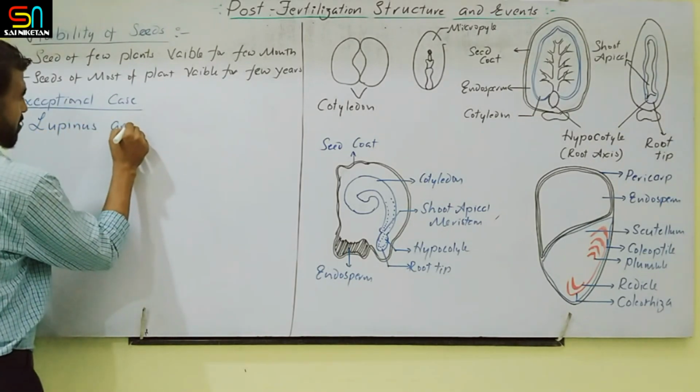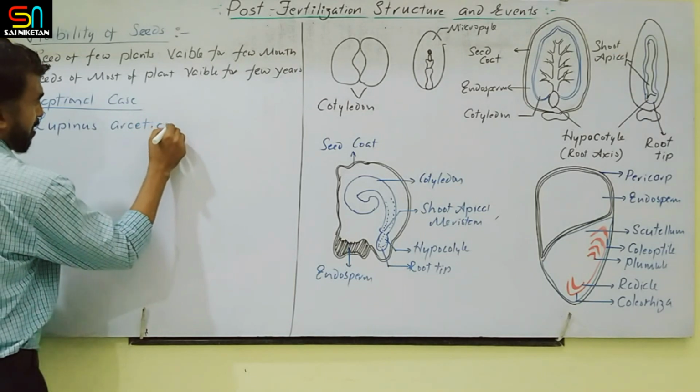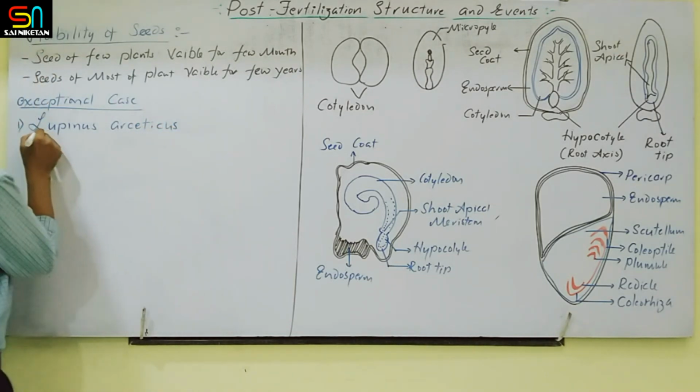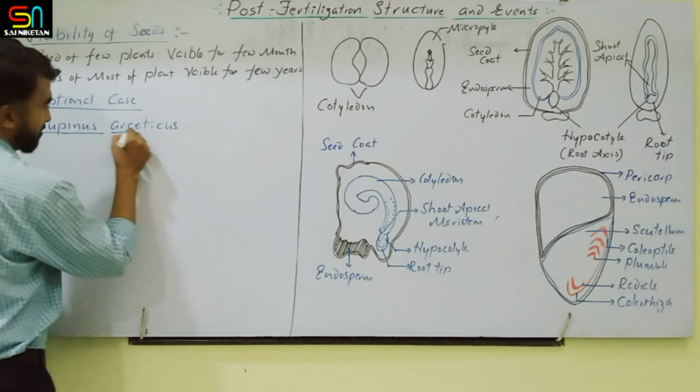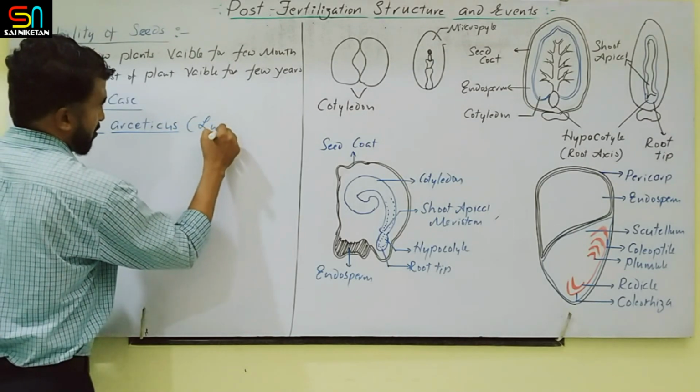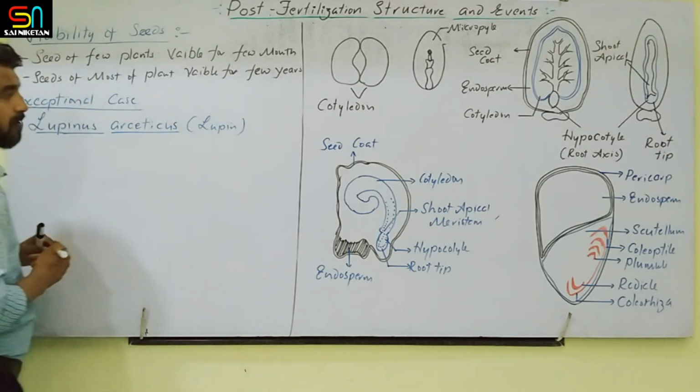Lupinus arcticus. One plant name is given. This is a lupin.